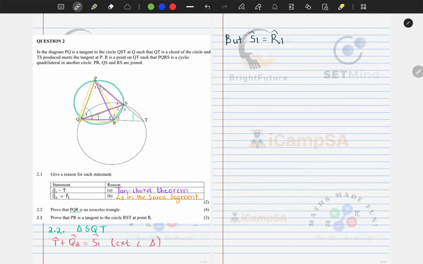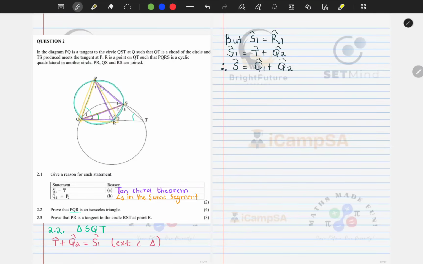So S1 equals R1. Remember that S1 is equal to angle T plus angle Q2. But we've shown that angle T is the same as Q1, therefore angle S is the same as angle Q1 plus angle Q2.